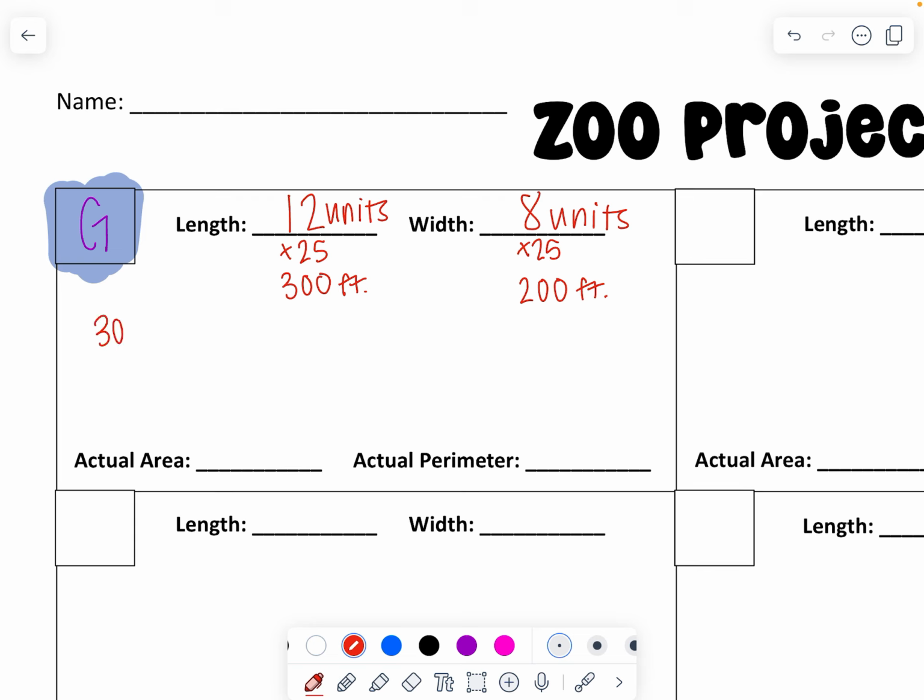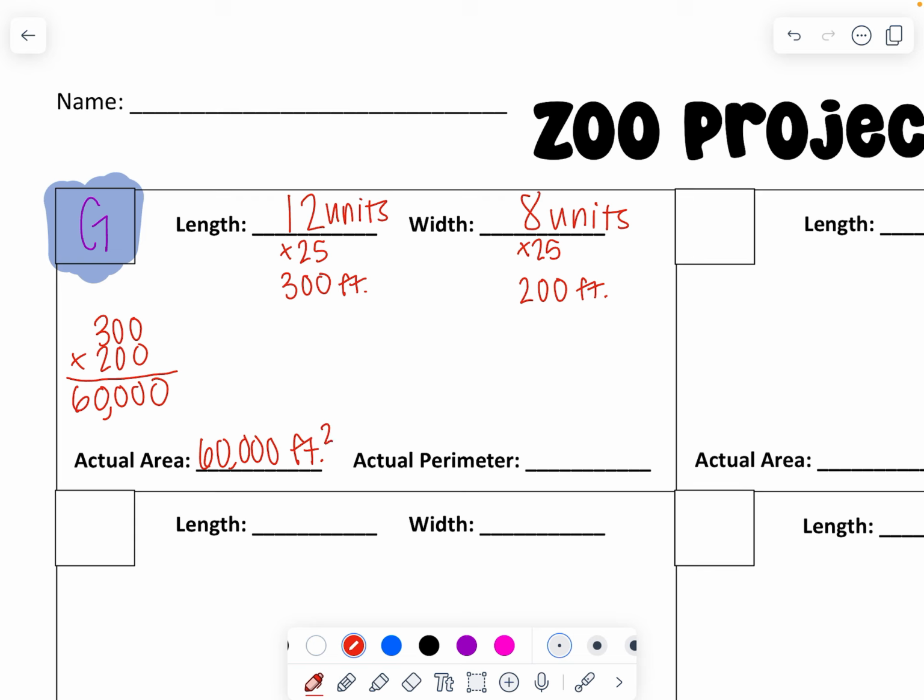So we would do 300 times 200. You're going to get some pretty big numbers, so I don't expect you to actually multiply those. You can use your calculator. But you all know 3 times 2 is 6. And then you just add those zeros. So we have 4 zeros, so I'd add 4. And so my actual area would be 60,000 feet squared.